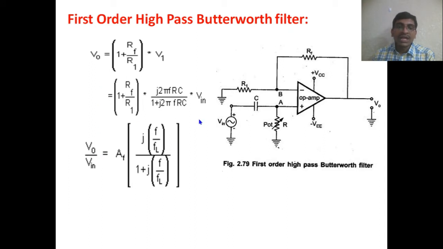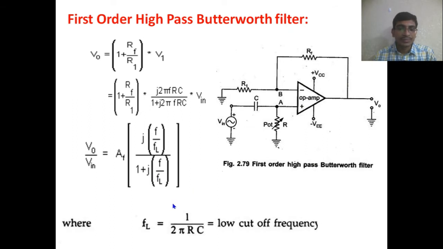Therefore, V0 by VIN, if you rearrange it, is equal to AF into J into F by FL divided by 1 plus J into F by FL, where FL is equal to 1 by 2 pi RC, which is the lower cutoff frequency of the high pass filter.